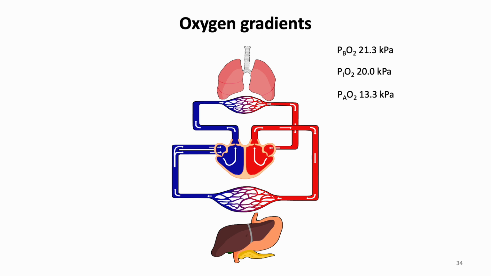Now, this PAO2 is a product of two things. It's a product of the air entering the alveoli from the atmosphere, as well as the oxygen that's removed from the alveoli by pulmonary gas exchange, and then ends up at 13.3 kilopascals.